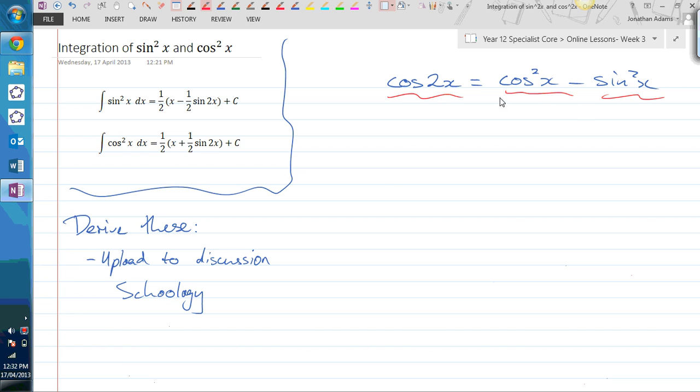So what this is going to allow us to do in principle is replace a cos squared or a sine squared with something in terms of cos 2x. This result at the moment has cos squared and sine squared in it. We're only interested in one at a time.